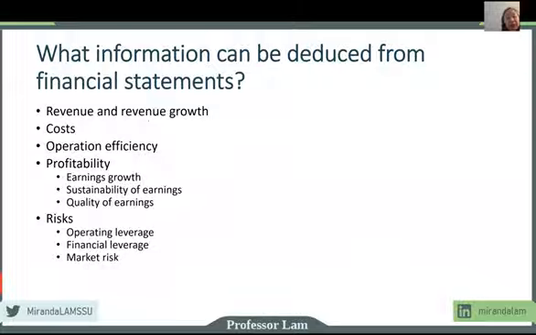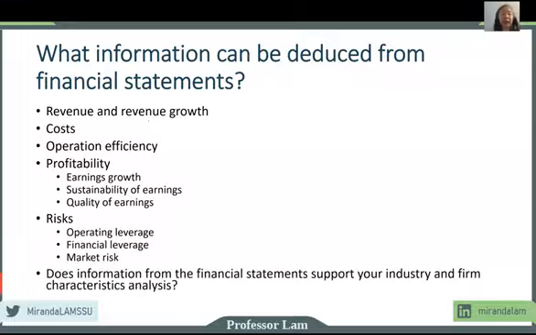The market risk that has to do with cyclicality is of interest to both a manager and an investor. The market risk that's associated with the stock is of primary interest to the investor, but can also affect the manager as well, because the market risk and the stock price does affect a firm's ability to raise future funds.